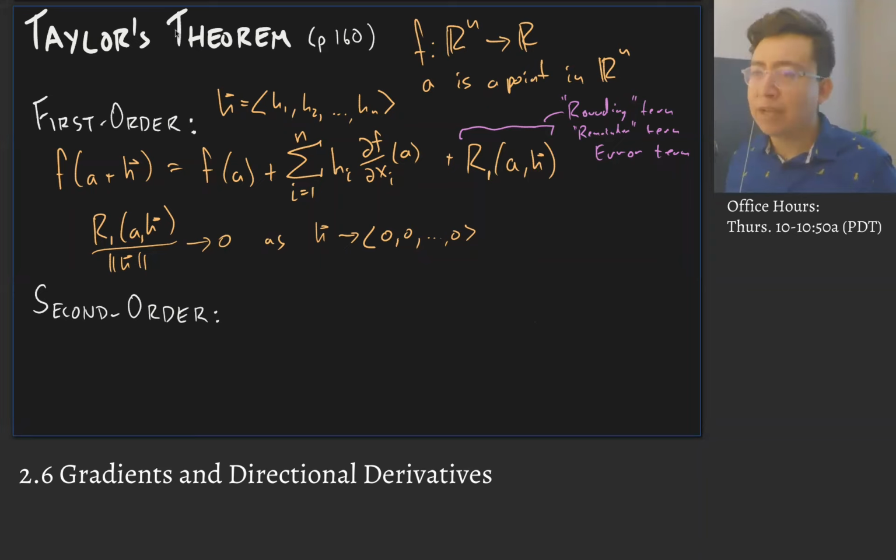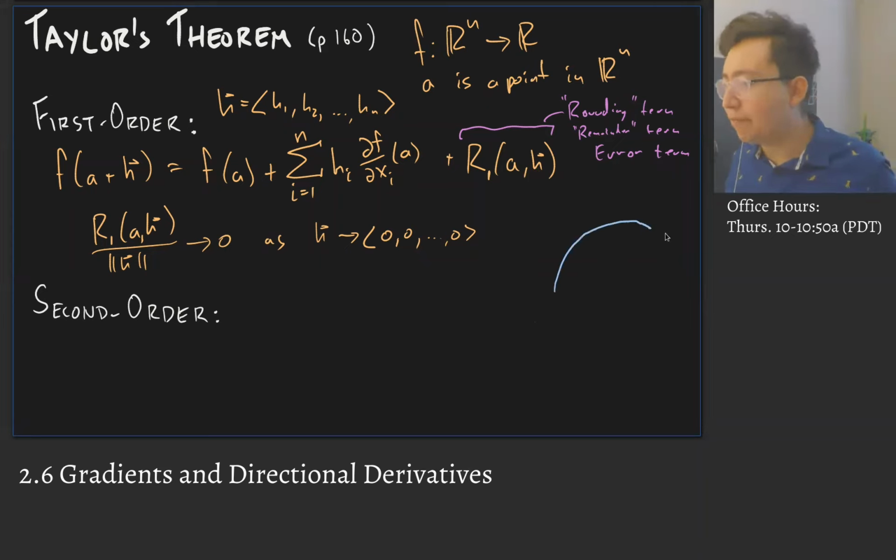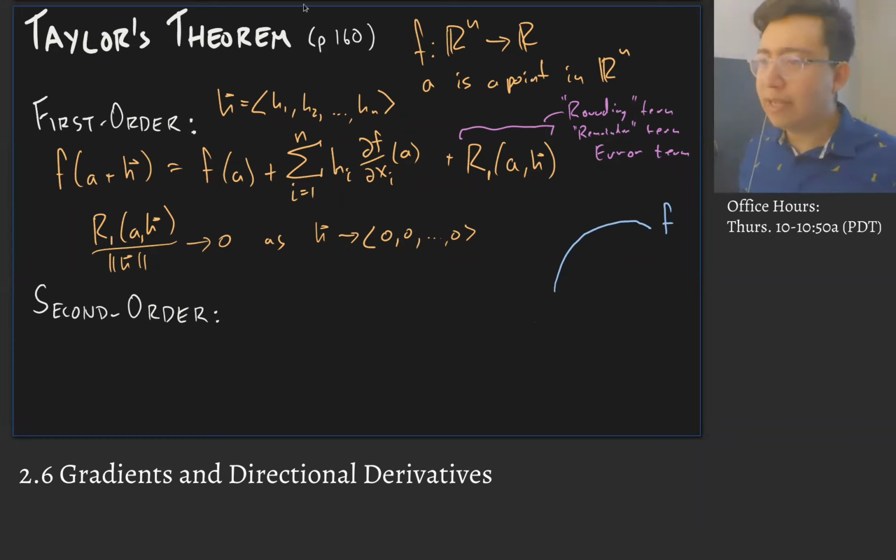Okay, so I'm going to draw a little picture here to help us out. This is going to be like the n equals 1 picture. So this here is, let's say, F. And let's say we have a point on here.